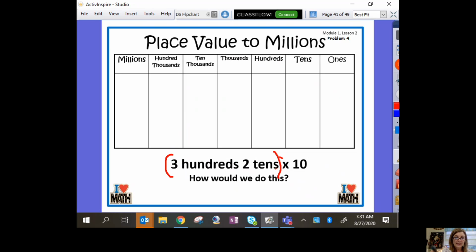Okay, so hopefully you guys thought about just breaking it down to our 300s and our 210s. And of course, if we multiply that by 10, we can represent it with our groups of 10.